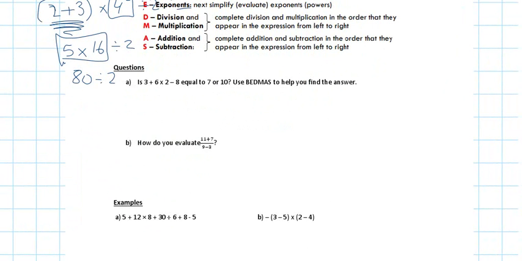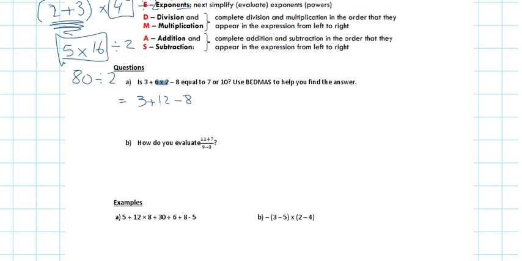Do I have any brackets? No. Do I have any exponents? No. So the next thing I have is either multiplication or division. I have multiplication, so I have to perform the 6 times 2 first. I'll leave everything else the same. So 3 plus 6 times 2 is 12, minus 8.